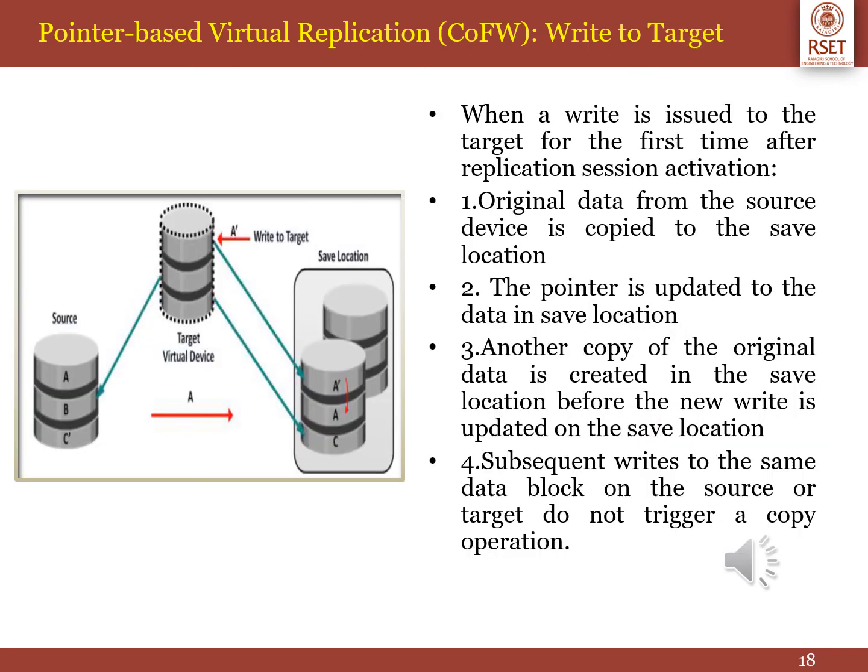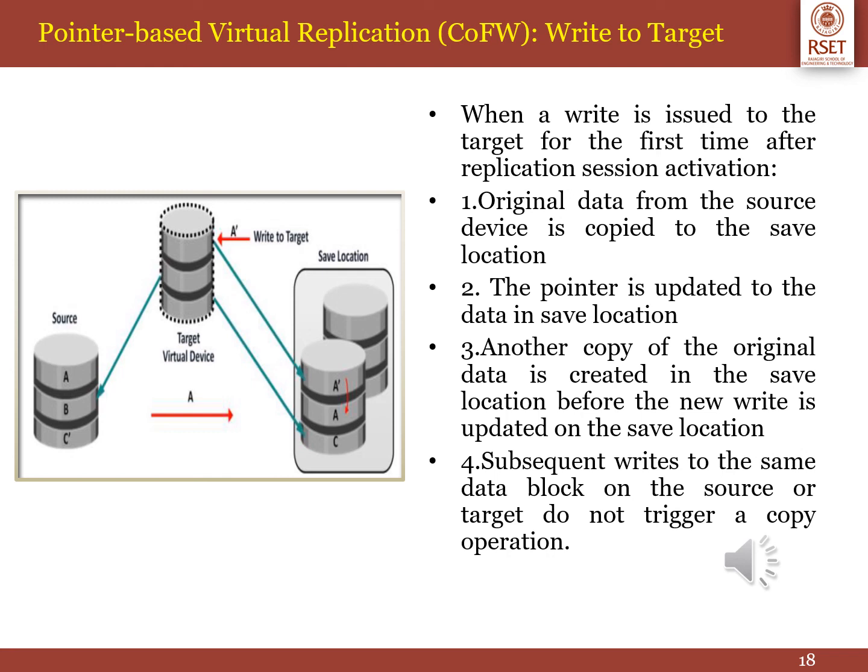When a write is issued to a target for the first time after the session activation, original data is copied from the source to a save location, and similarly, the pointer is updated to data in the save location. Another copy of the original data is created in the save location before the new write is updated on the save location.